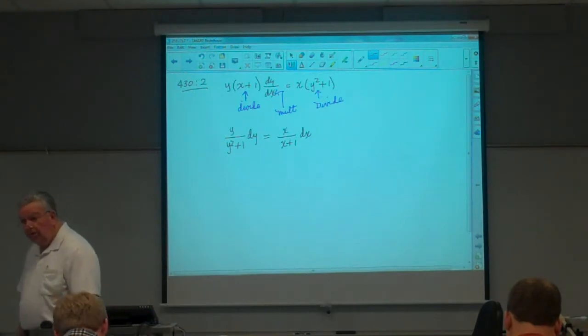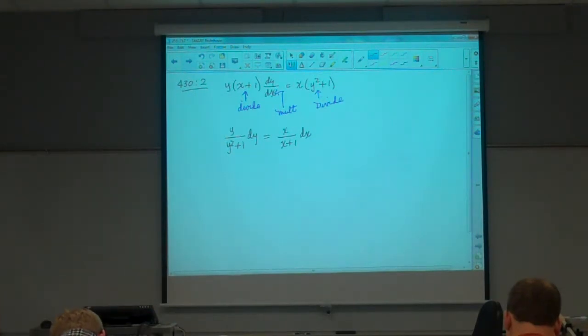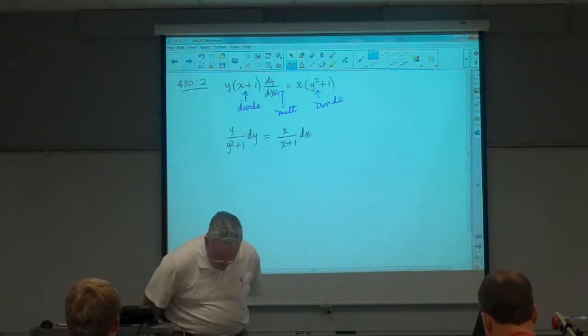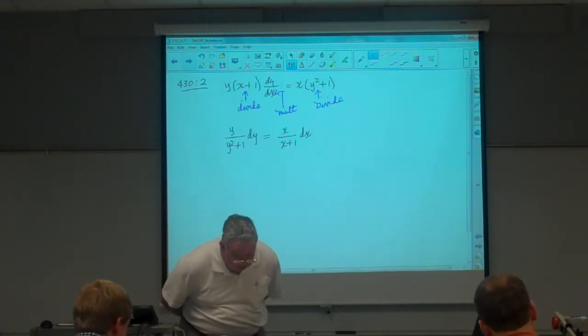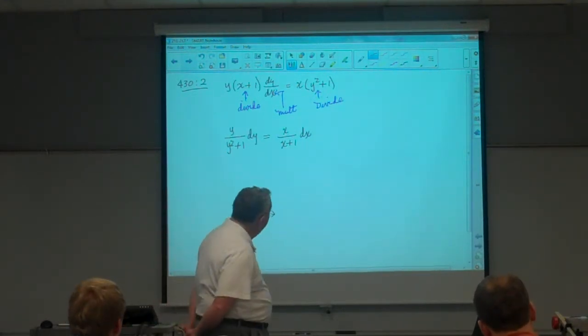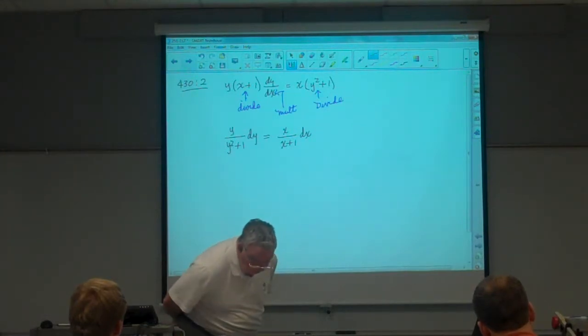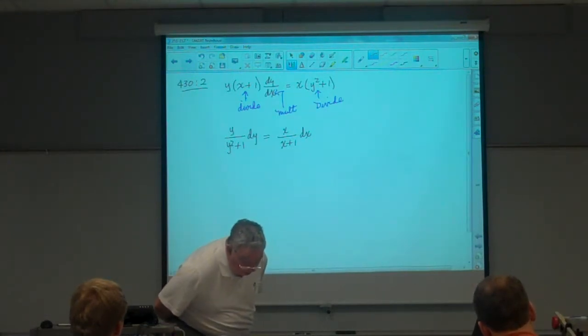What do you think? Is it x plus 1 or is it x squared plus 1? I don't know. Evidently, I didn't know when I wrote it down either. It looks like x plus 1 to me.